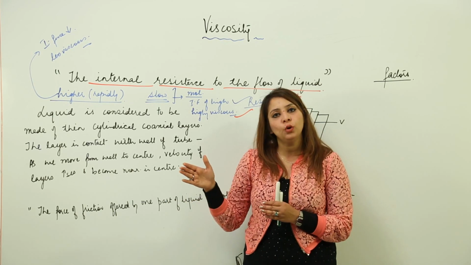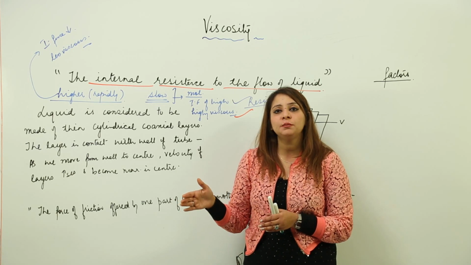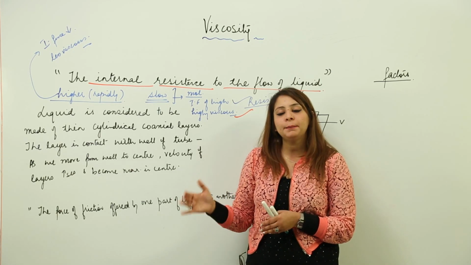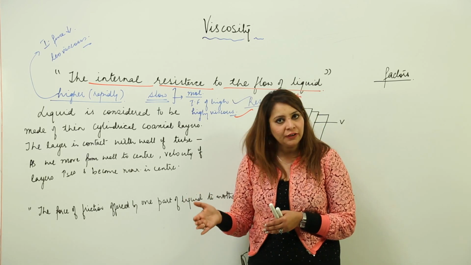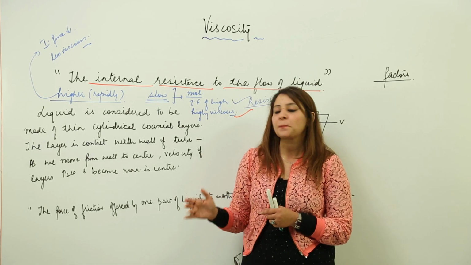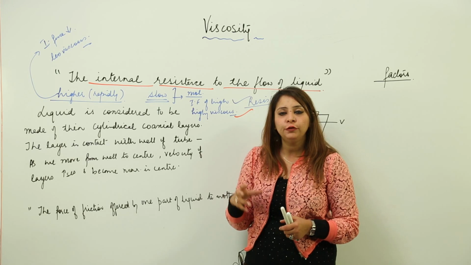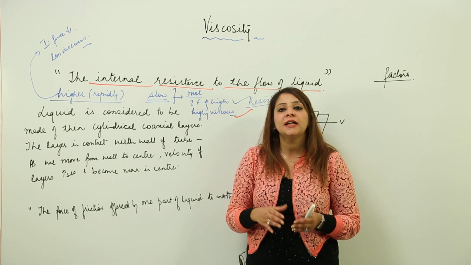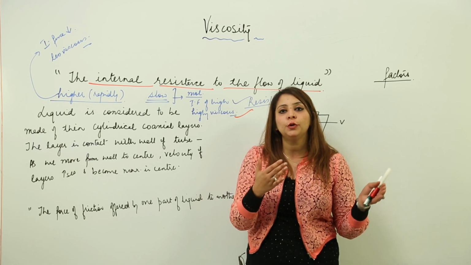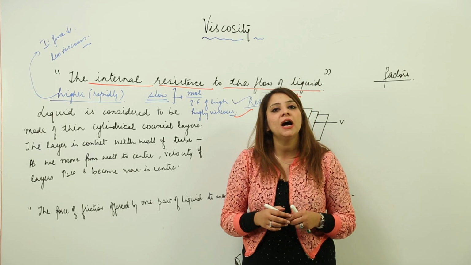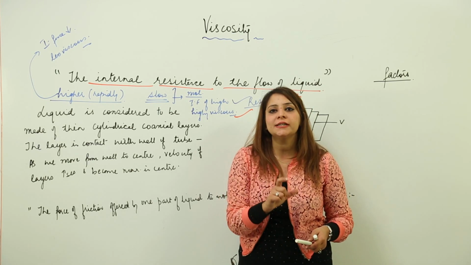The ones with lower resistance flow rapidly, meaning they have less force of attraction, and as a result they are less viscous. But the ones which flow at a slow rate have high resistance because intermolecular force is high, and they are highly viscous. So this is what viscosity is.